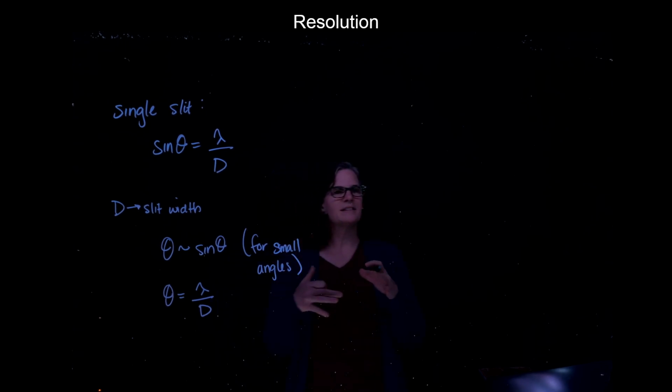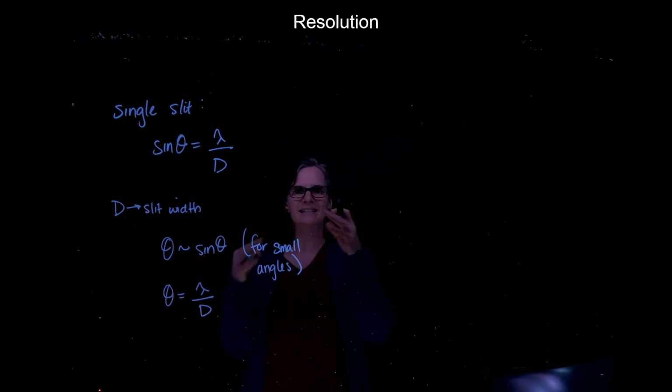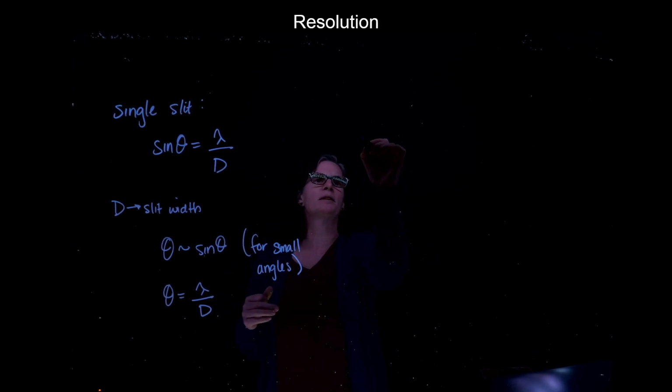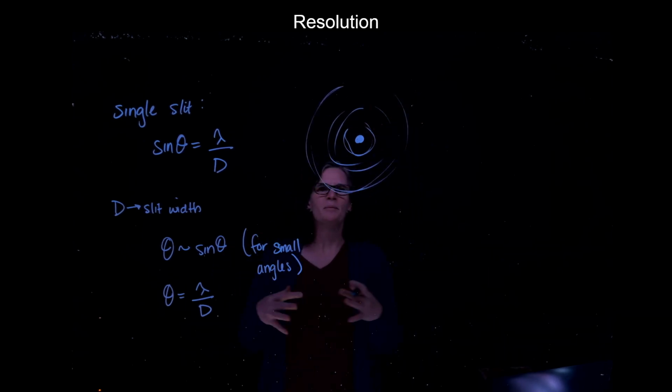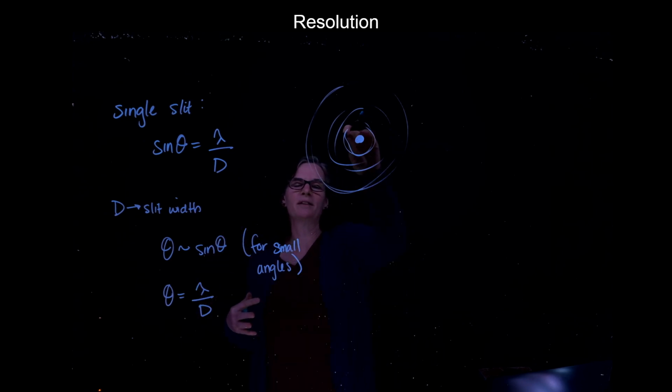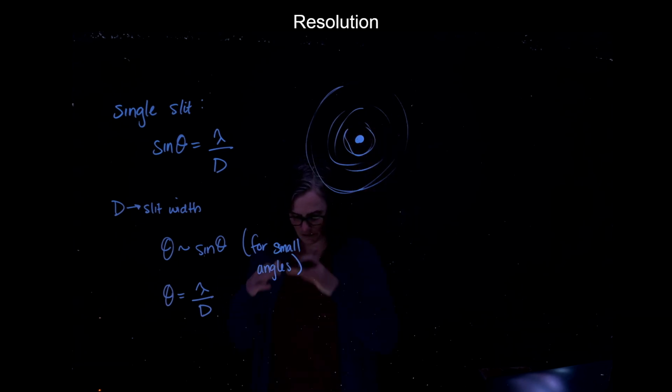Now, what if the slit is circular? Well, if the slit is circular, we still end up with a central maximum. So let's say this is my central maximum. Then we get these circular fringes around it. So we still get a diffraction pattern, but in a circular shape, as you might expect, with a central maximum and circular diffraction.